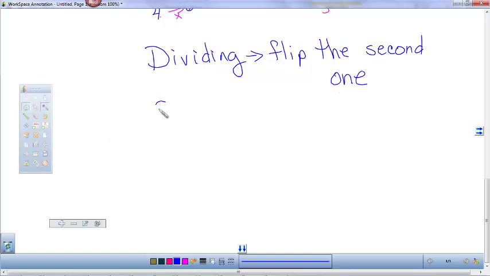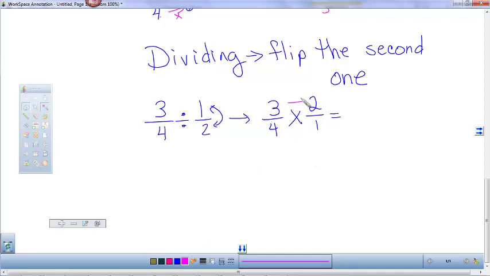So 3 over 4 divided by 1/2 is 3 over 4 times, and then you flip it, 2 over 1. And you multiply. 3 times 2, 6. 4 times 1, 4. You can simplify, and you get 3 over 2.